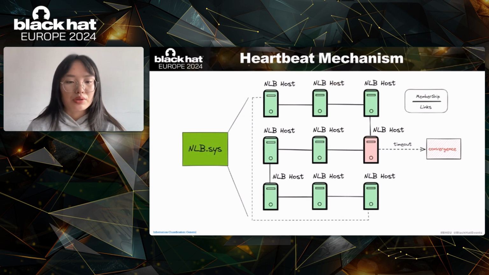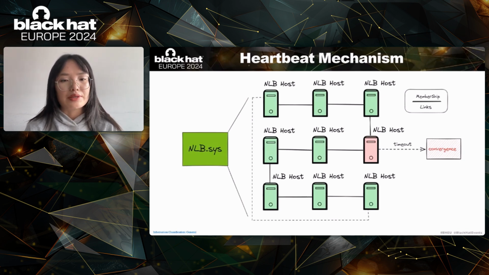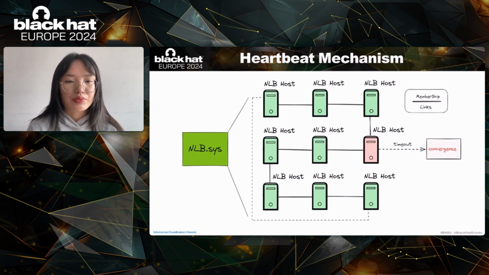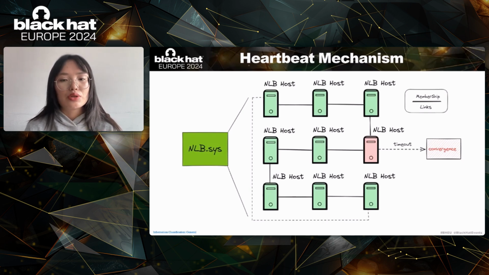So, how does it work in Windows NLB? The heartbeat feature and the convergence process ensure the reliability and high availability of the cluster. Each host sends and receives heartbeat packets to check the online status of other hosts in the cluster. If a host fails to respond within the specific time frame, NLB treats it as inactive, triggering the convergence process.